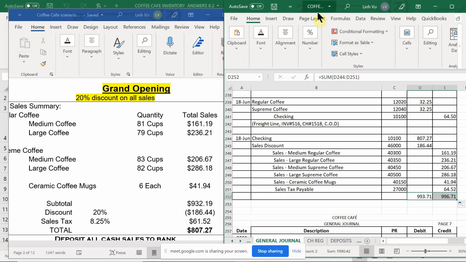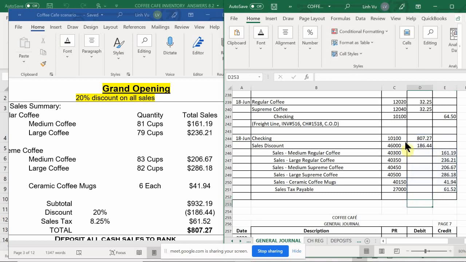Okay, let me see. 161, 236, 206, 286, and 41. Oh, so the tax is what's wrong. 61.52. There you go. So we both have $993.71 on both sides. Good.